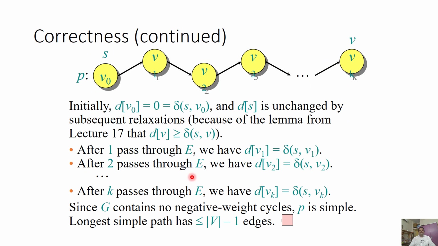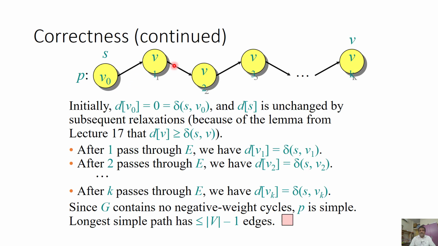Now, since there is no negative weight cycle, delta of s comma s is basically 0, that is the best we can do, we remain at s. So, that is basically d of s, that is the initialization step. So, this is done in the first initialization step. Okay.